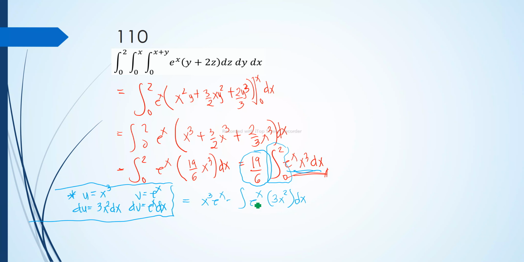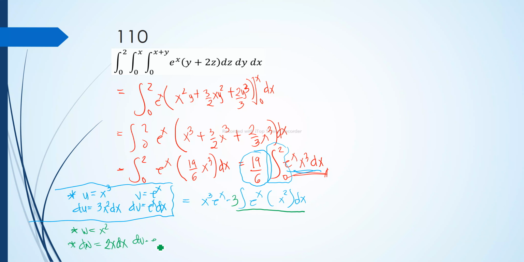Okay, let's isolate this. The 3 we will take out as a constant. We also have again the e to the x and x squared. So for this one, let's say our w is equal to x squared. Therefore, our dw is equal to 2x dx.